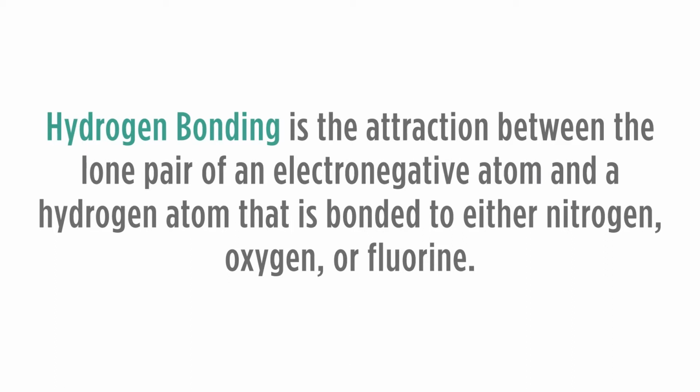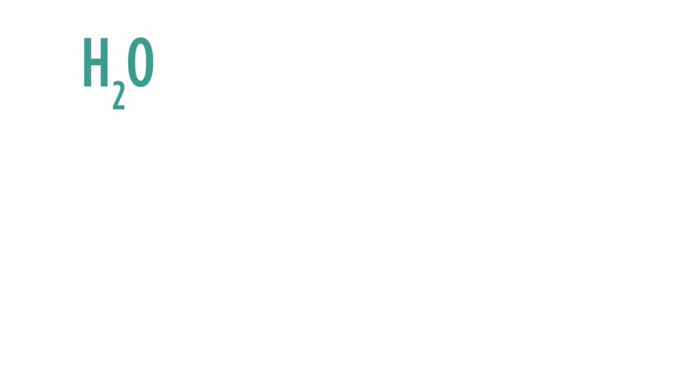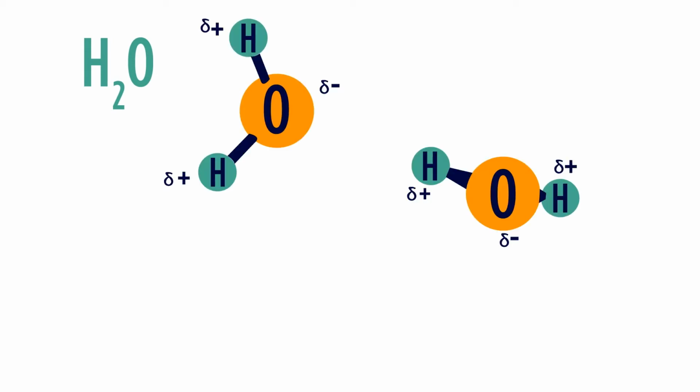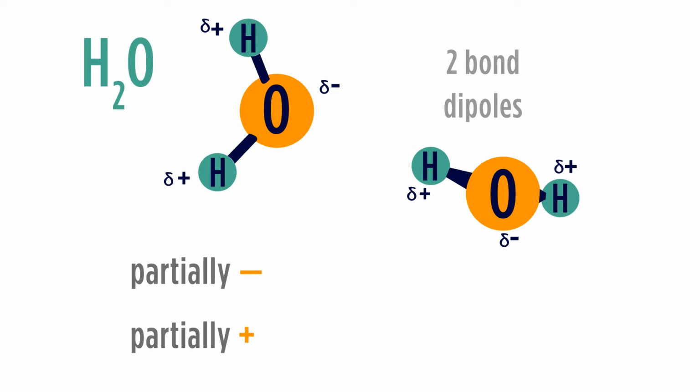Let's look at water, H2O. If we think about what's going on in the molecule, we have an electronegative atom, oxygen, that's pulling electron density towards itself, giving us two bond dipoles. These two bond dipoles are going to give us a partially negative and a partially positive charge.